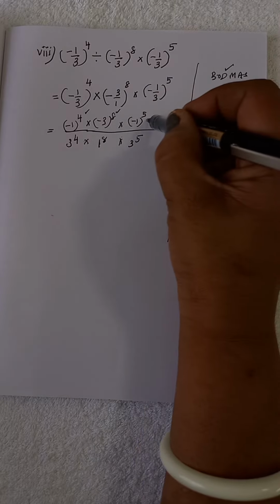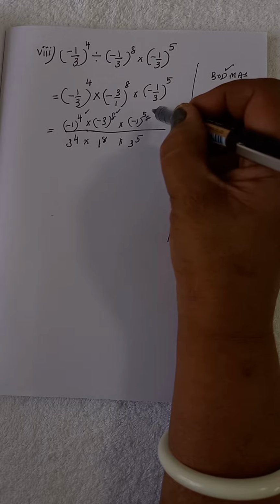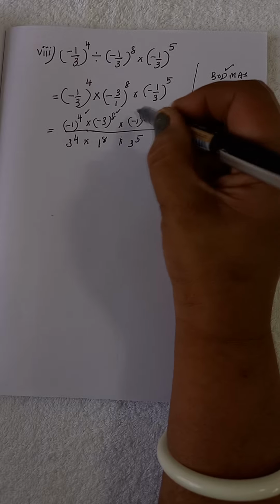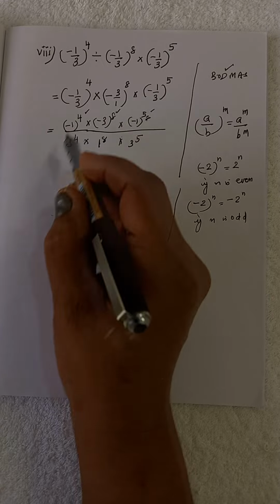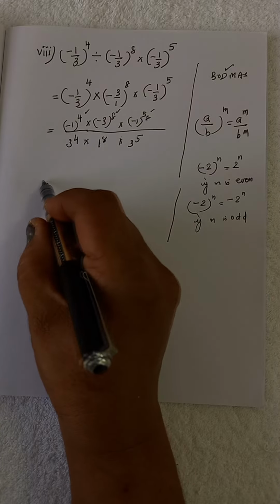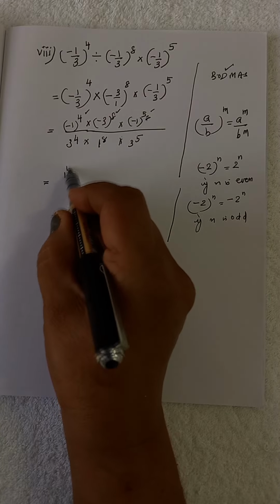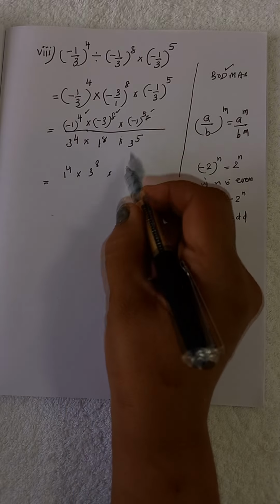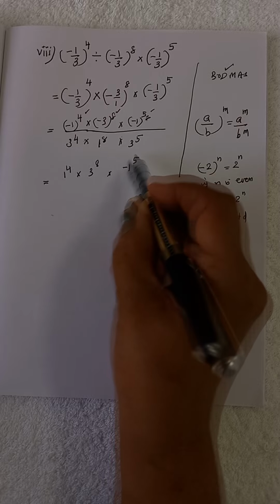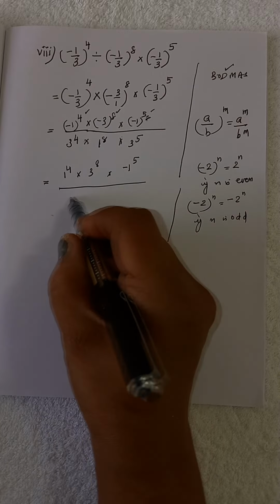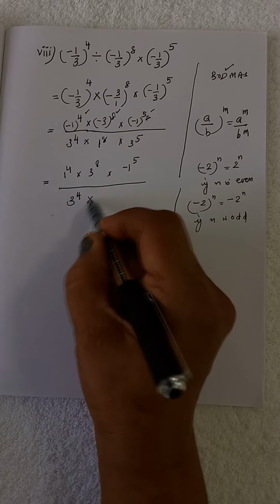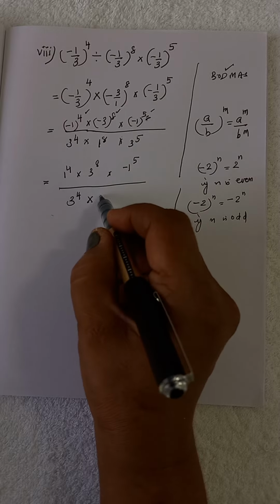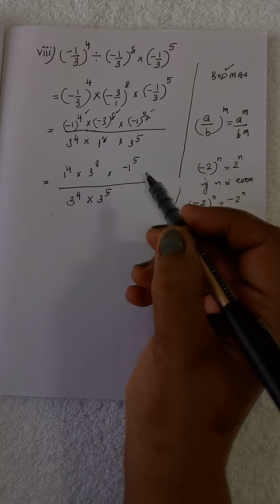But here 5 is odd. So in this case the value becomes minus. The other two cases the value will become plus. So this is 1^4 into 3^8 into (-1)^5 by 3^4 into 1^8, which means 1, into 3^5.